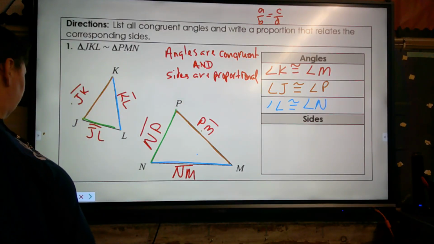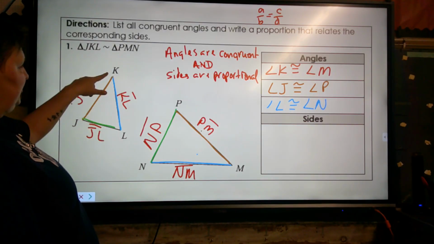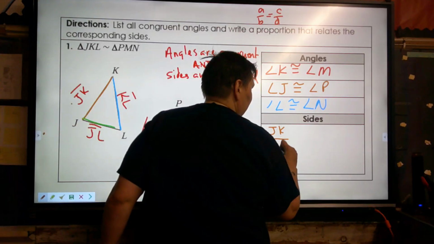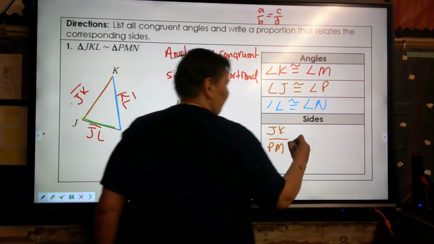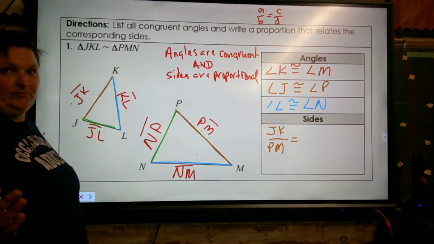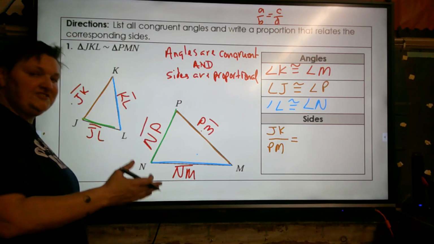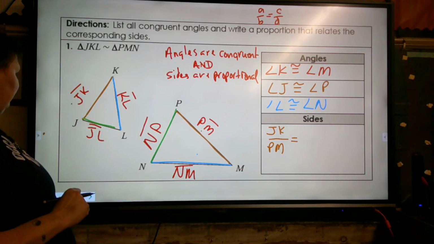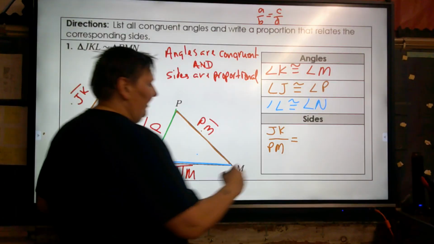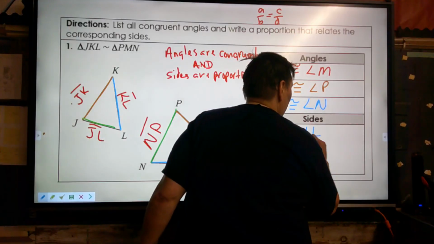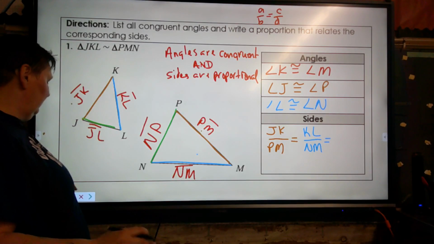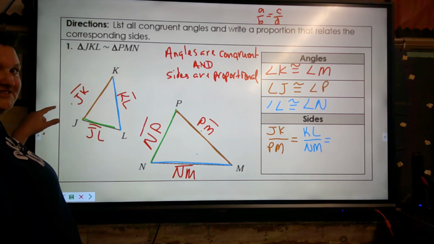What was our first one? Orange. JK over PM. Is equal to, because we're doing proportions, so we need a fraction equal to a fraction equal to a fraction, extended, right. And then our blue one was KL, NM. It does look a lot less cluttered without the segment.